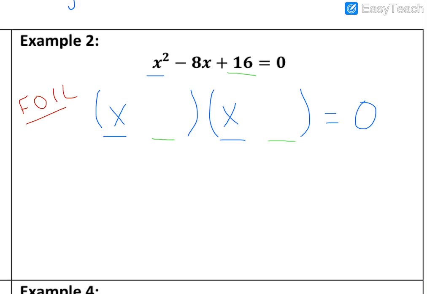The way you can break apart 16 is a couple different options. You can try 1 and 16, so plus 1 plus 16, because it's positive. However, when you do your outside, you'll have 16x, and your inside, you'll have 1x, meaning you should have 17x, which doesn't work. So we're going to erase those and try something else.